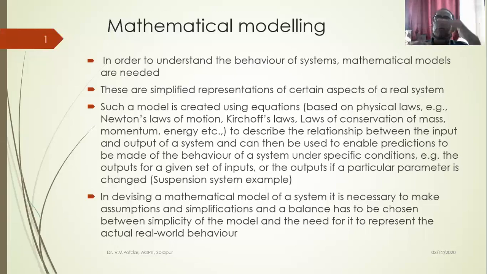Mu will be equal to tau upon dou v by dou y or dou u by dou y, whatever nomenclature we make use of. Basically, mu, coefficient of dynamic viscosity, is equal to shear stress upon velocity gradient.